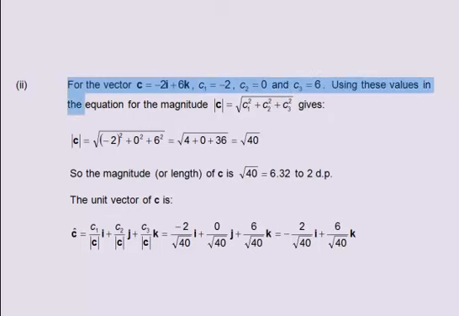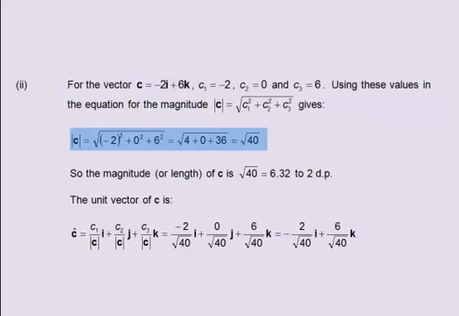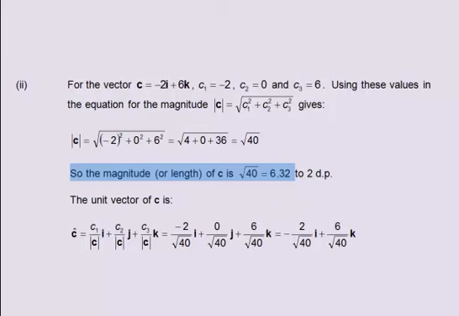Using these values in the equation for the magnitude of c equals the square root of c1 squared plus c2 squared plus c3 squared gives the magnitude of c equals the square root of minus 2 squared plus 0 squared plus 6 squared, which equals the square root of 4 plus 0 plus 36, which equals the square root of 40. So the magnitude or length of c is the square root of 40, which equals 6.32 to 2 decimal places.